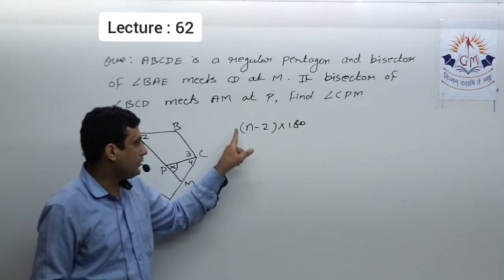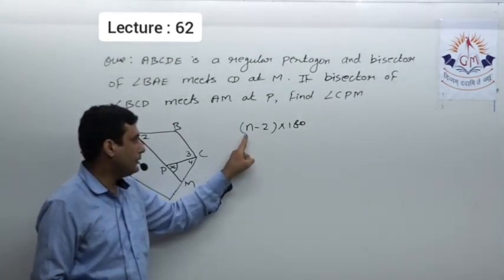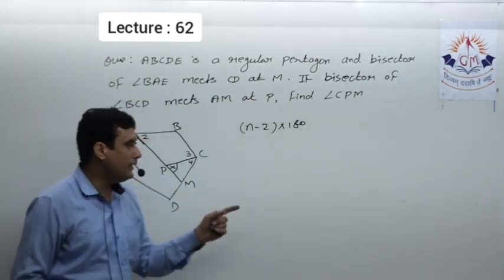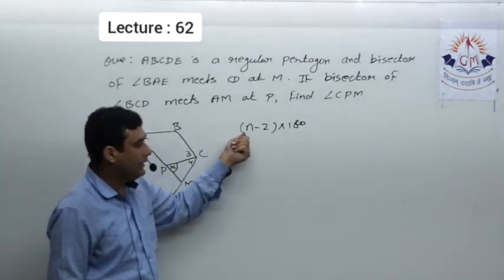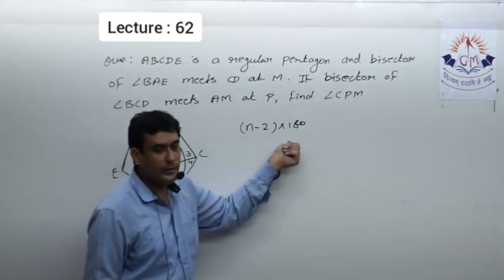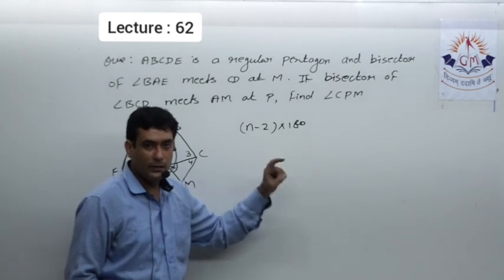You can check it for a triangle, where n is 3: 3 minus 2 is 1, 1 into 180, and we know the sum of the internal angles of a triangle is 180 degrees. For a quadrilateral, n is 4, so 4 minus 2 is 2, 2 into 180 is 360 degrees.